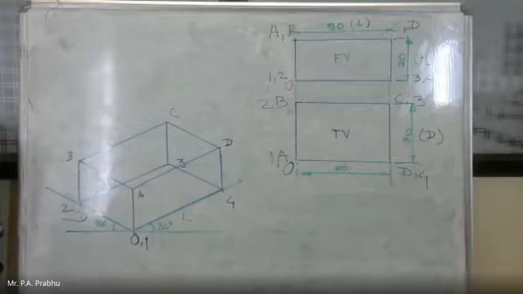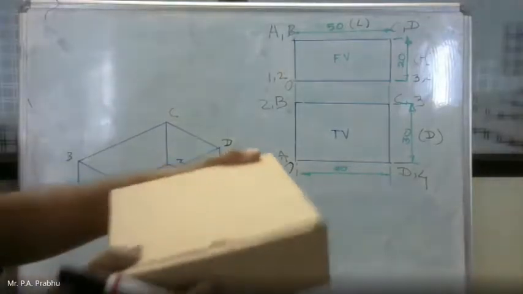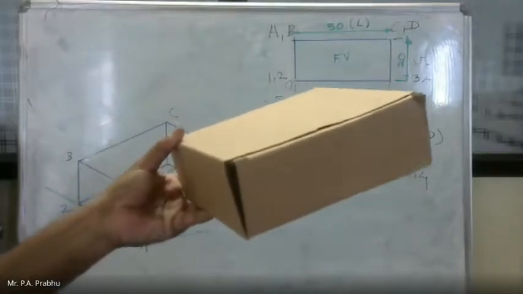Now there is one convention: the part which is hidden, not seen by our eyes, is handled differently. In orthographic, we show it by dashed or dotted lines. But in isometric, the part which is not visible, erase it. Don't show it by dotted line. If this is the object, its bottom surface is not visible to you.